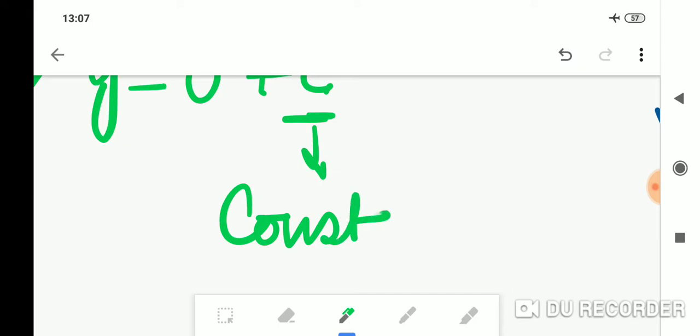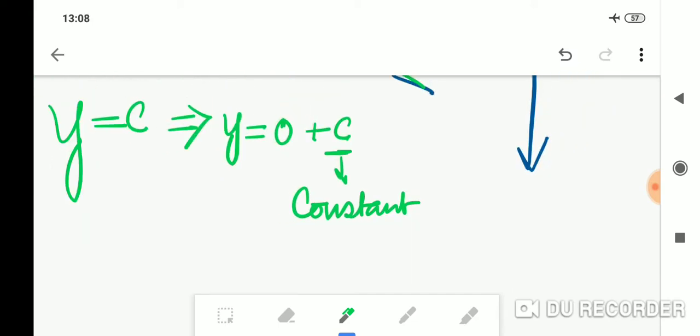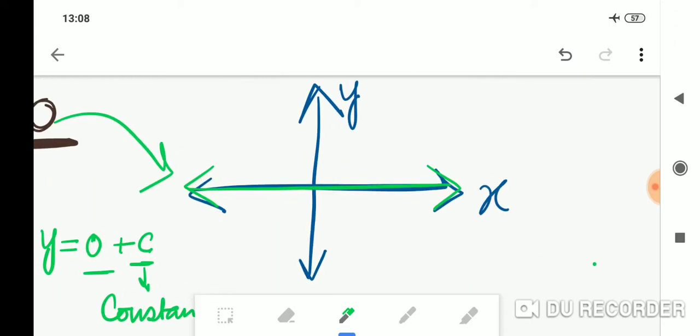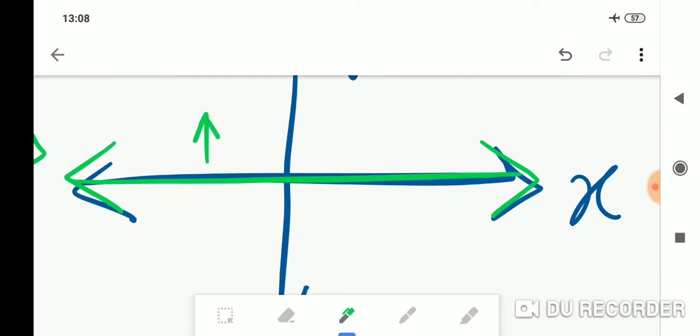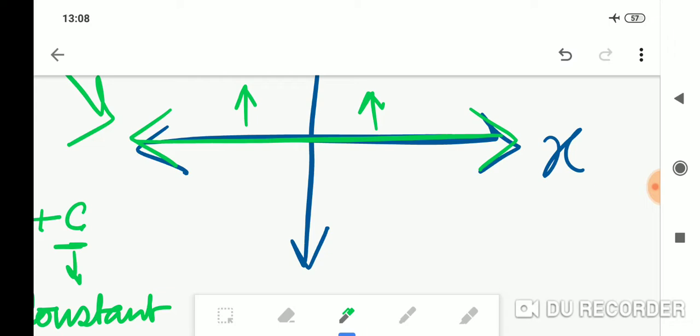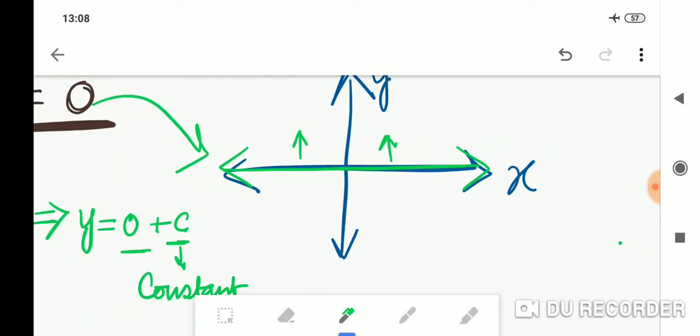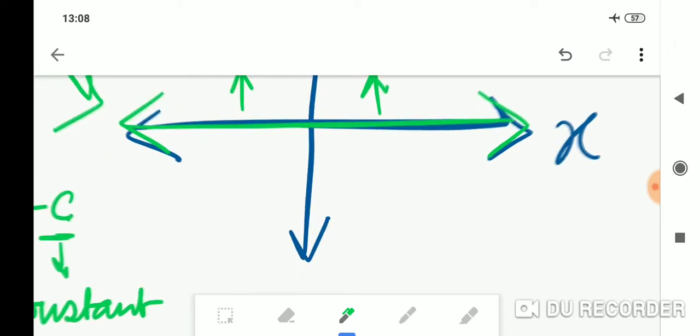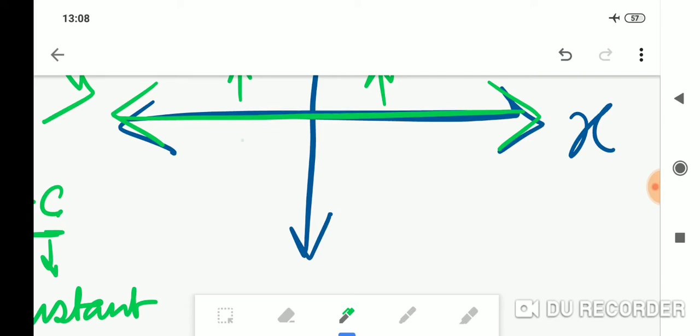So we have to memorize that any positive value added to the normal equation, which is y equal to 0, will shift the graph towards the positive side, or above, along y. Any negative value of c added to the equation of y will shift the graph downward.